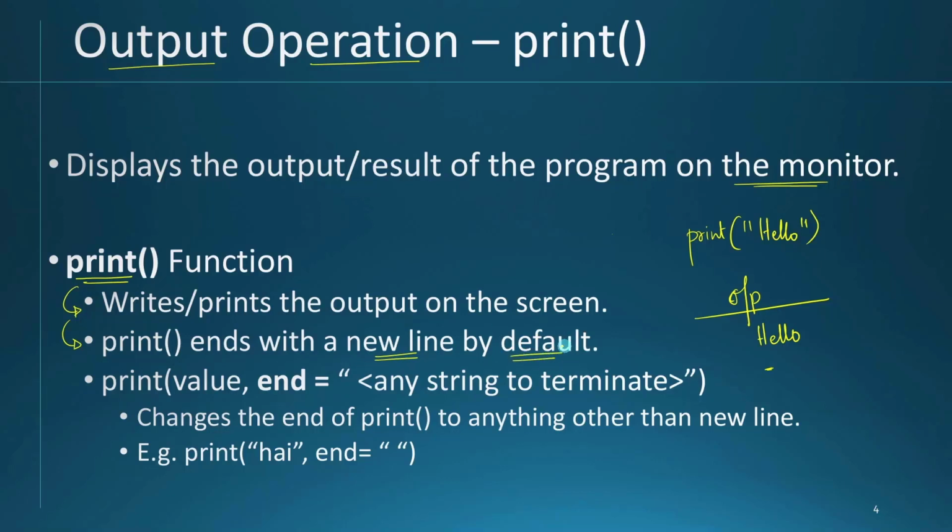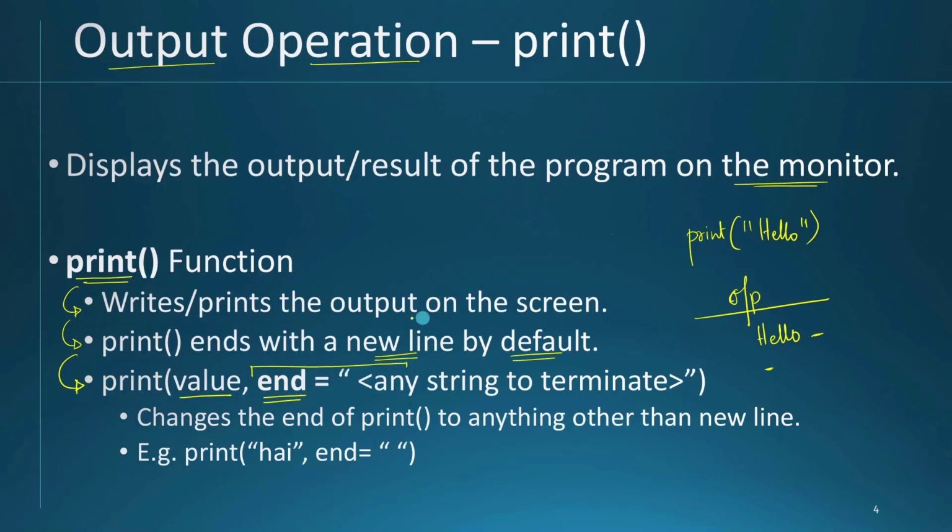If you don't want that to happen, which means if you want the cursor to be on the same line after the printing is finished, you can use the keyword end to change the default behavior. So that's the next point. You can call the print function to print the value, and after that you can put a comma and specify what the end character will be.